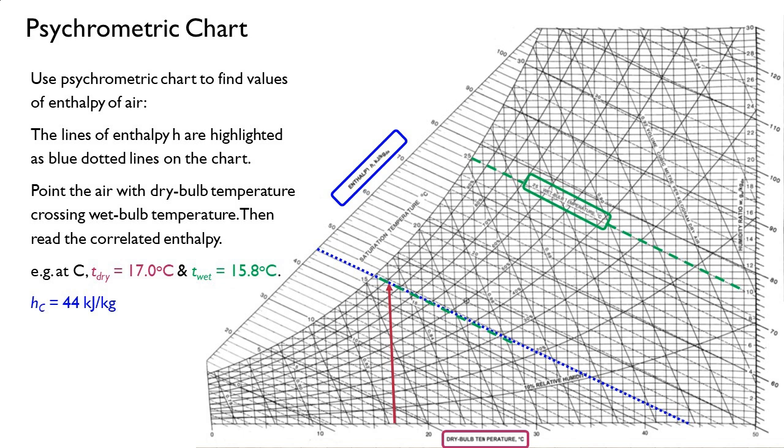Read the wet bulb temperature 15.8 degrees Celsius from the inclined lines like the green dotted lines. Then you can mark the point C. Read the correlated enthalpy from the left-hand side like the blue dotted line. So you get the enthalpy of air at 44 kJ per kilogram.